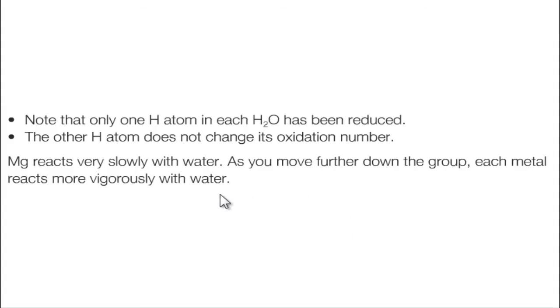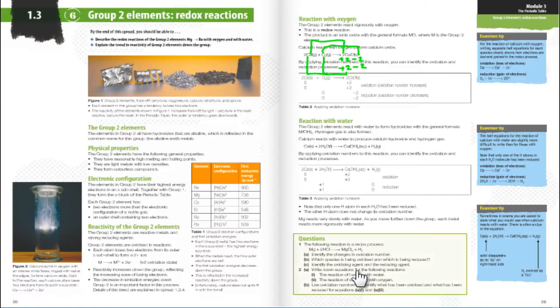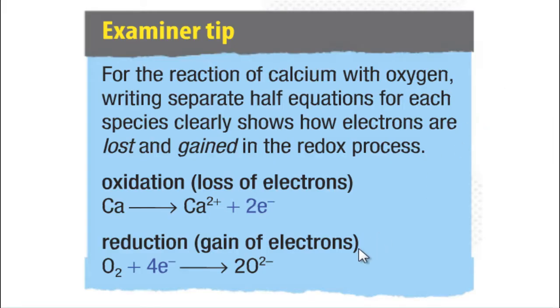The final thing to note is that only one hydrogen atom in each water molecule has been reduced, and the other hydrogen atom does not change its oxidation number. Magnesium reacts very slowly with water. As you move further down the group, each metal reacts more vigorously with water, with calcium fizzing and popping like a soluble paracetamol tablet, as you will find out if you ever do a chemistry practical.